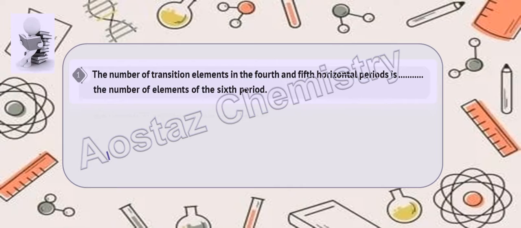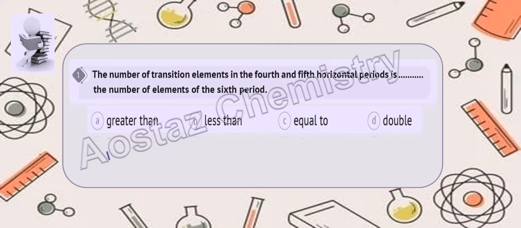Question number 1 says that the number of transition elements in the fourth and fifth horizontal periods is what, comparing to the number of elements in the sixth period. We have choices here: greater than, less than, equal to, or double.